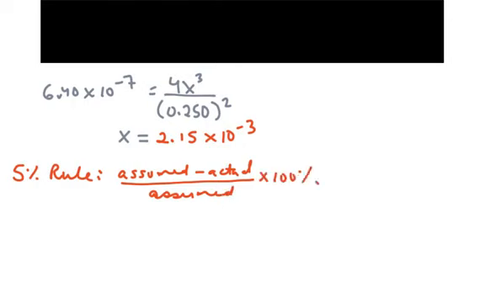And when we do this, we need to get a value that's equal to or less than 5%. This is the amount of error that we have by making this assumption.